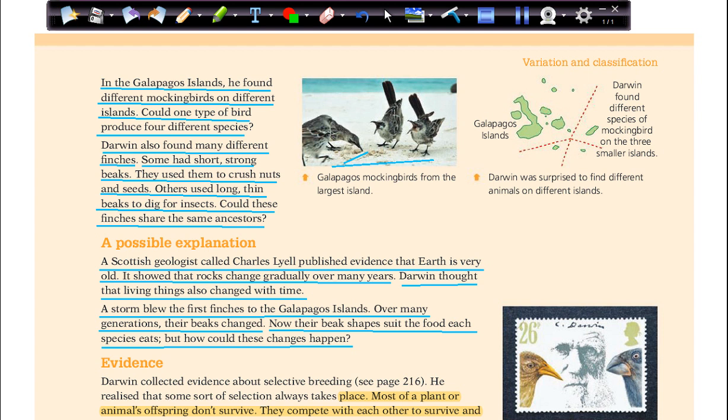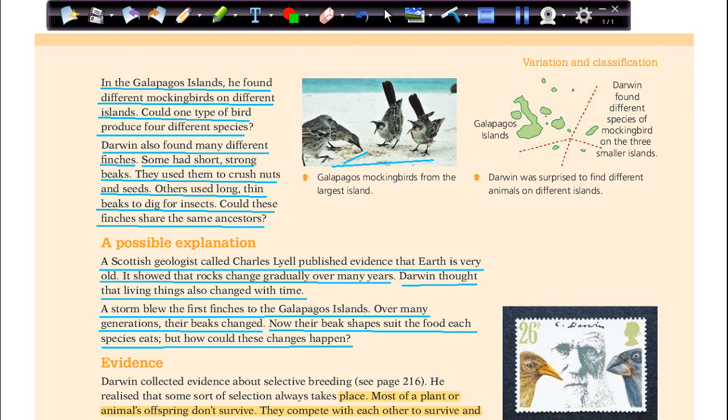So when this Scotch geologist published his evidence, Darwin was thinking that all these living things changed over time, because he found the skeleton of the sloth, but it's big, and now the skeleton of the sloth is smaller. And he was thinking that a storm blew the first finches to the Galapagos Islands, and over many generations, their beaks changed according to the food that they are eating.